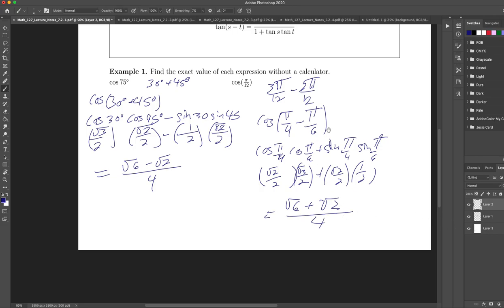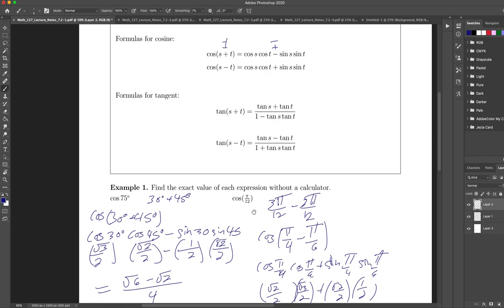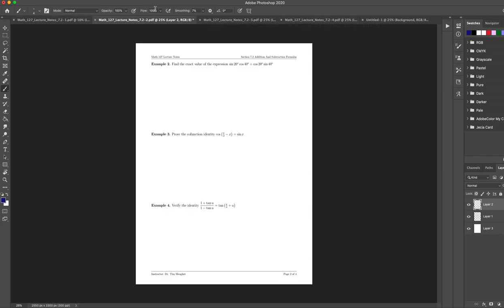So we can use this to find precise values without using a calculator. You'll have a calculator for those taking this during the COVID-19 remote requirement, or if you're online. But get used to doing it by hand. Try it by hand a couple times before you instantly default to using a calculator.